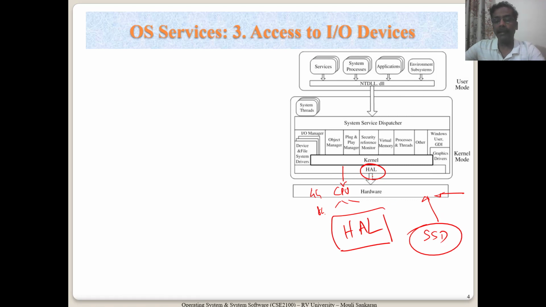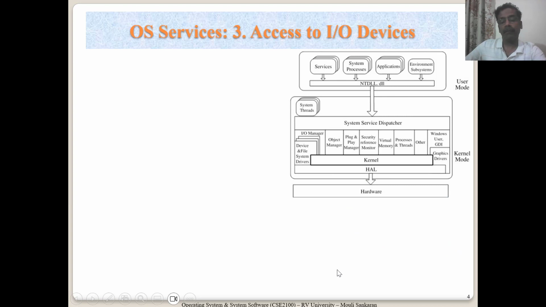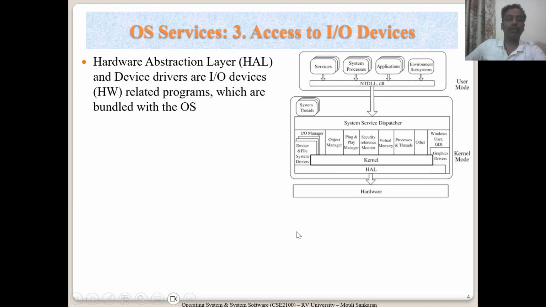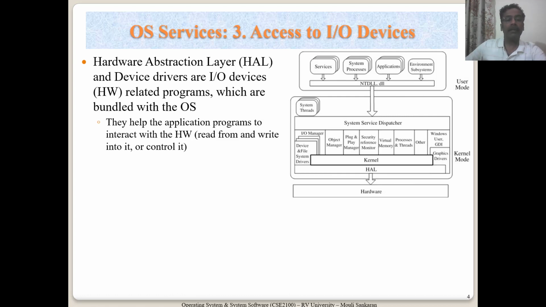So it provides an abstraction of those, removing all the vendor specific details of the hardware that you are connecting with the system. So the hardware abstraction layer and device drivers and IO device related programs which are handled by the OS, they help the application programs to interact with the hardware.